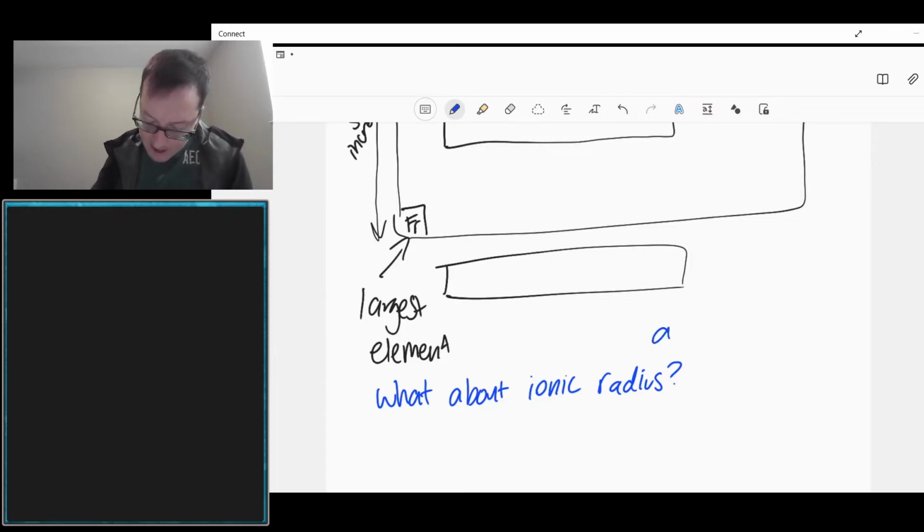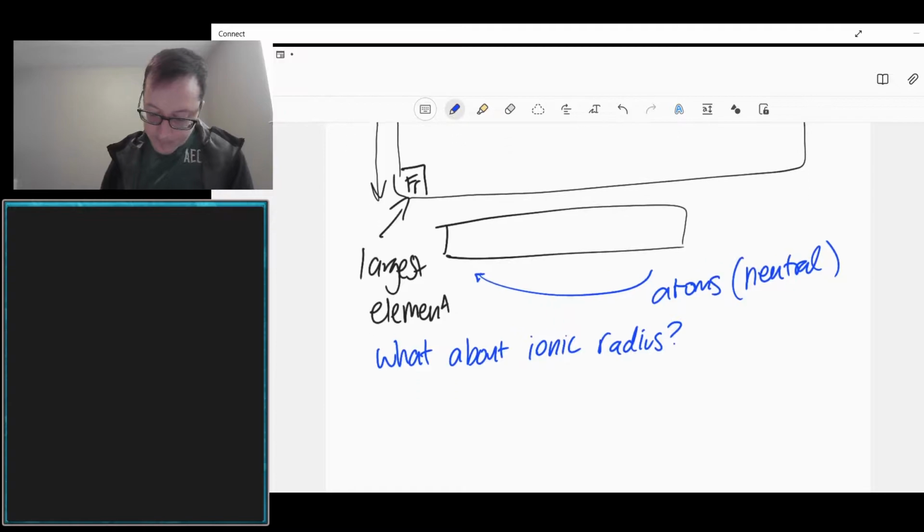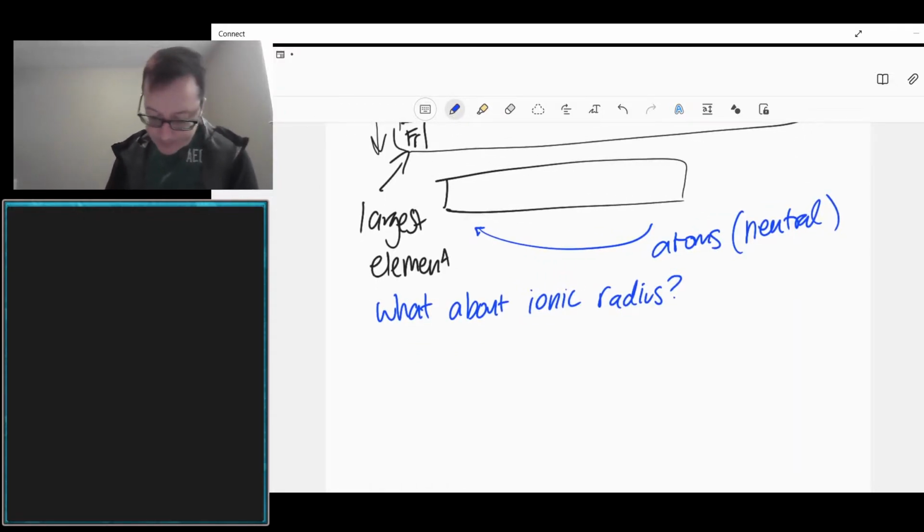So this was for atoms, which of course were neutral. But what about ions? What happens to an atom when it gains or loses an electron? What's going to happen to it?